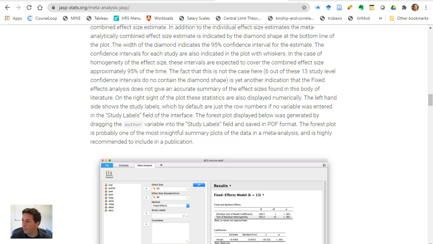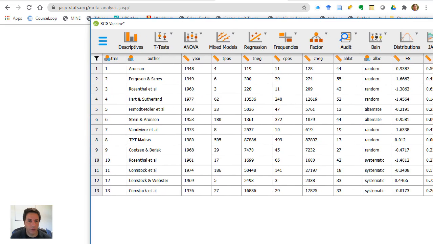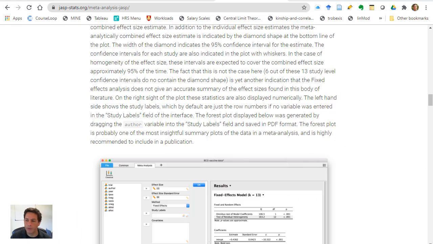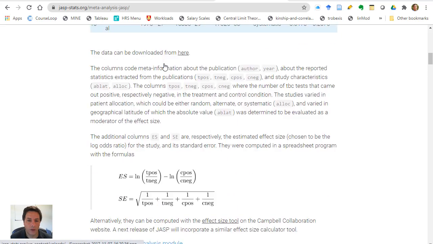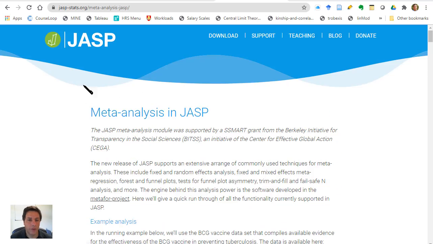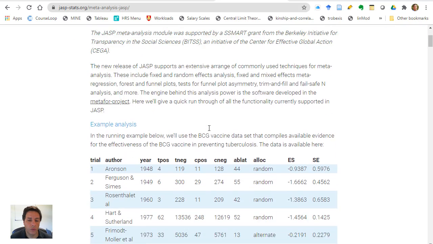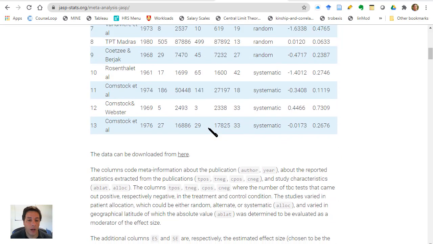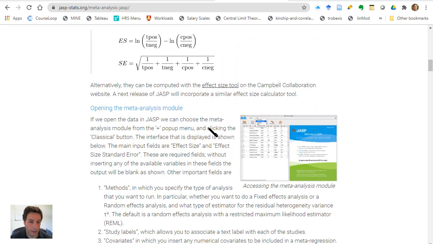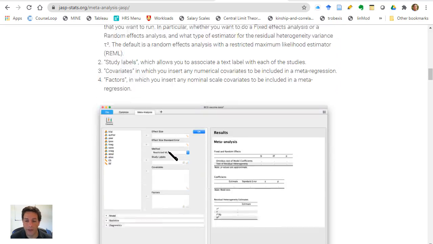I'll give you an example in JASP, but before that, this is the website of JASP that explains meta-analysis. It's a really concise article on meta-analysis. It tells you not just how to run it in JASP, but it goes through the ideas behind all the analysis.